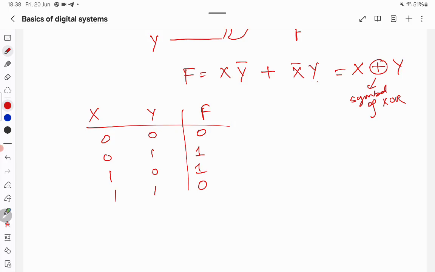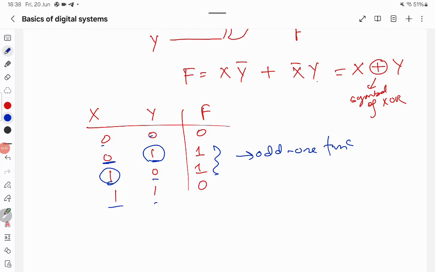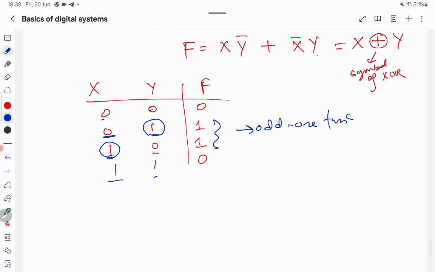From this you can see that an odd number of ones gives 1. So this is an odd-one function. Whenever we have an odd number of ones, only one 1, not two ones or two zeros, the output is 1.